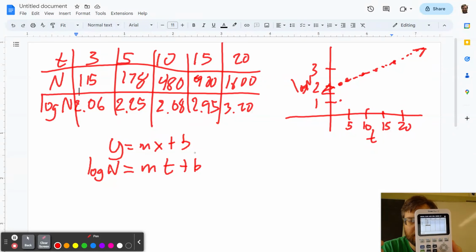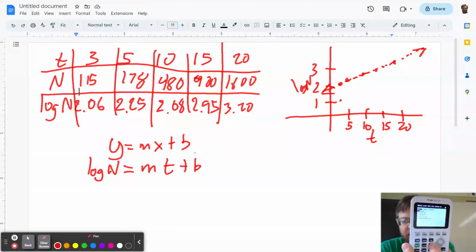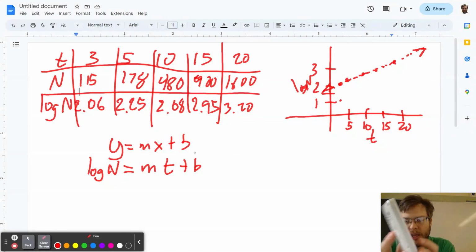I'm going to ask it to do a linear regression. Let me show you that again. I hit stat, then I hit the right arrow key, then option 4, right there, and then I hit enter. All of this stuff is ready to go, so I just hit enter a couple more times.